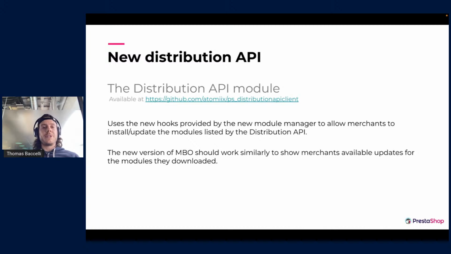How it works is very simple. It uses the new hooks provided by the new module manager, and it allows merchants to install and update the modules listed by the distribution API. For now, it's only native modules, and that will always be only native modules for this module.